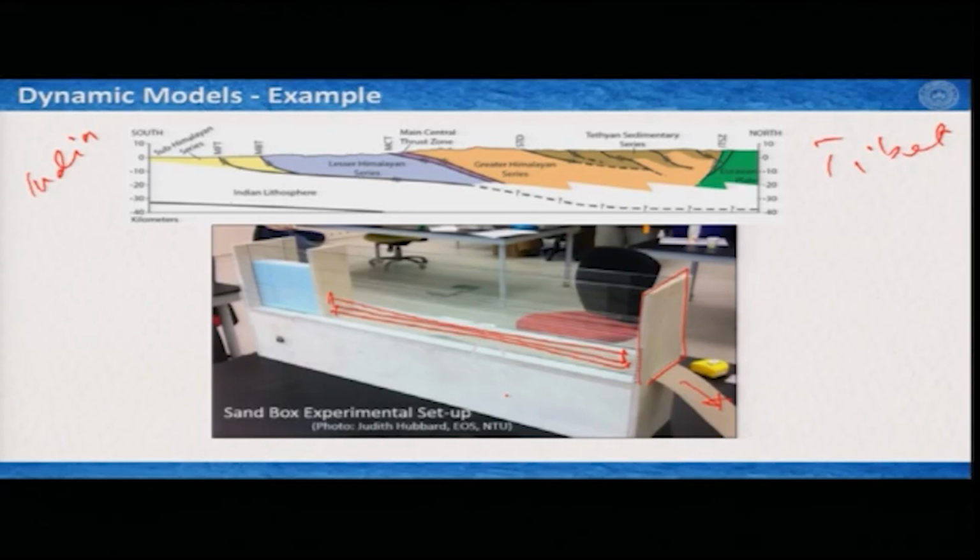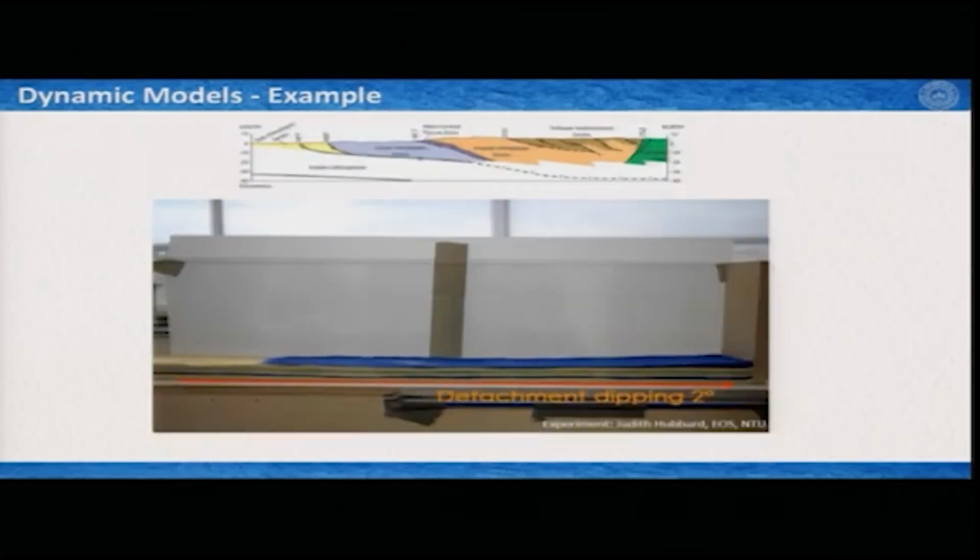Now, what you see here is that we are involving the materials, and we would like to see what is happening with them. So, this is a dynamic model, we are involving some sort of forces as well. Let us have a look at this movie and see how it works.